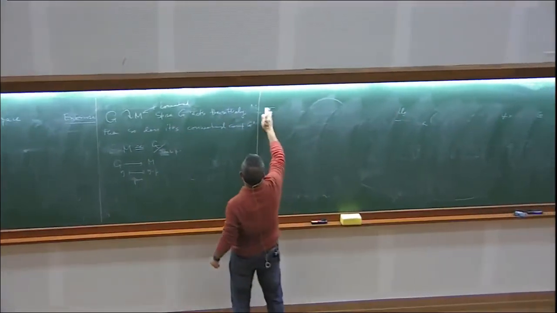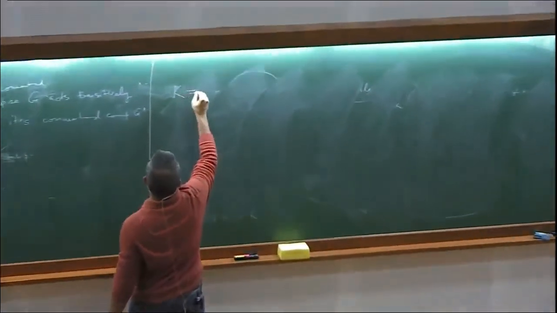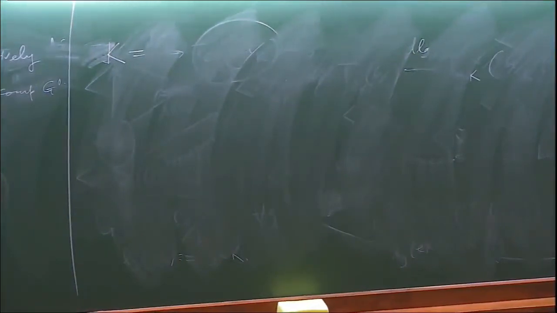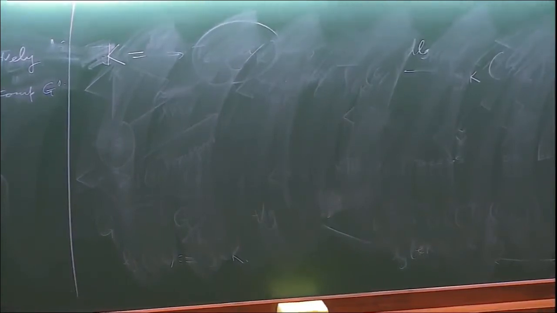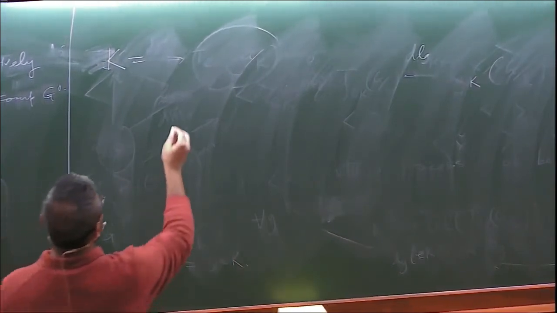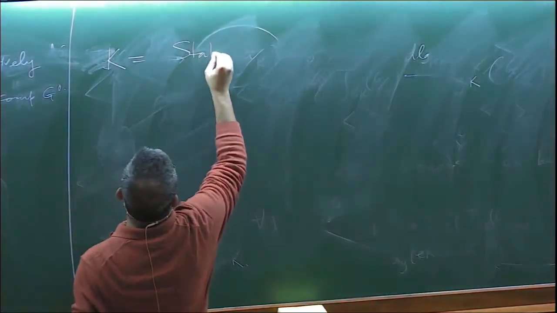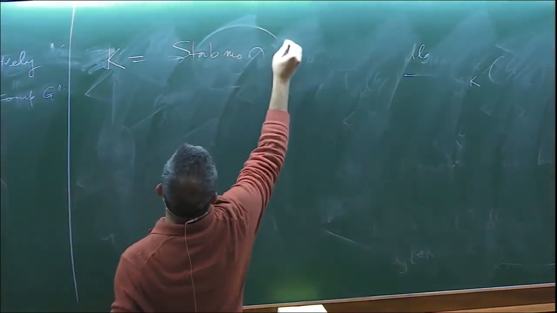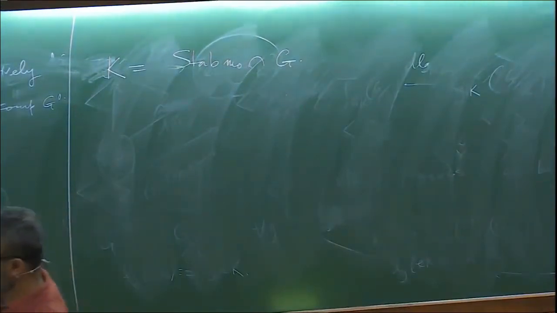And what is K? I fix a point now. I fix a point m naught in M, and K is the stabilizer of m naught intersected with G. Okay.